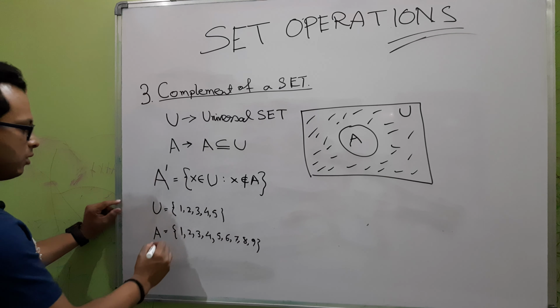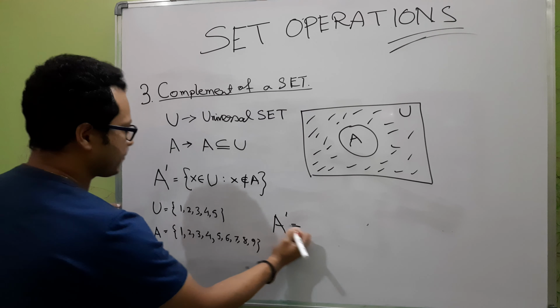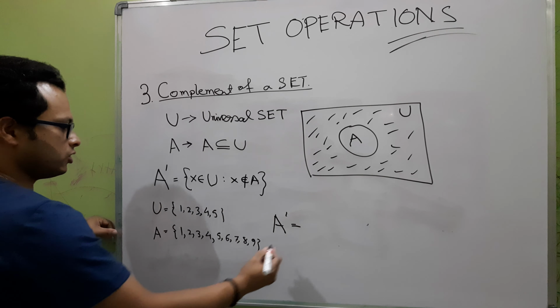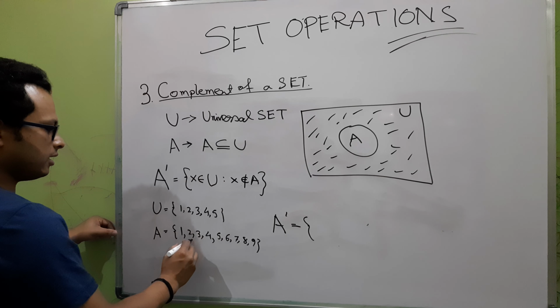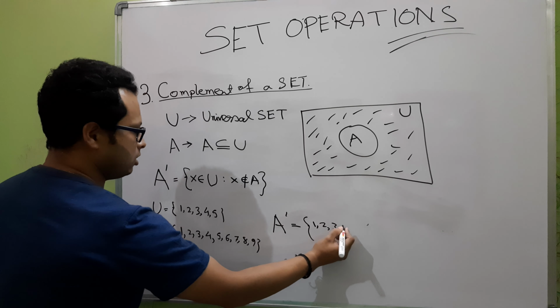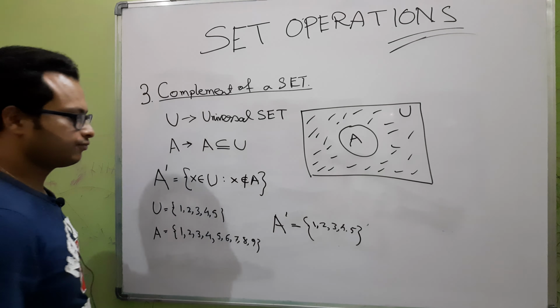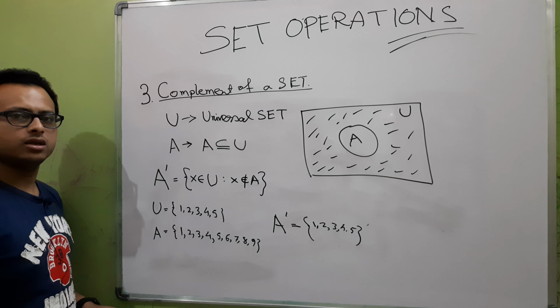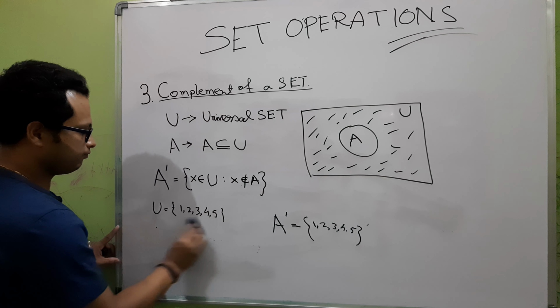Then the complement of set A equals all the elements of U other than A. That will be 1, 2, 3, 4 and 5, right? This is the complement of a set. So let's move on.